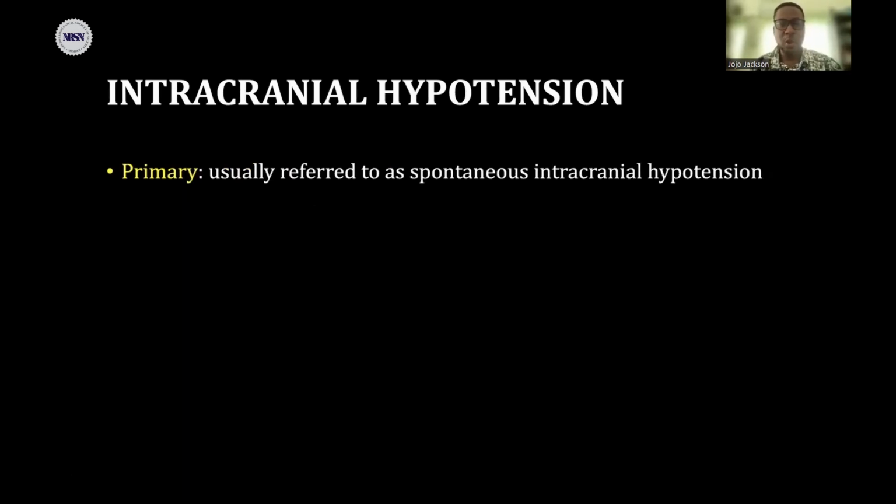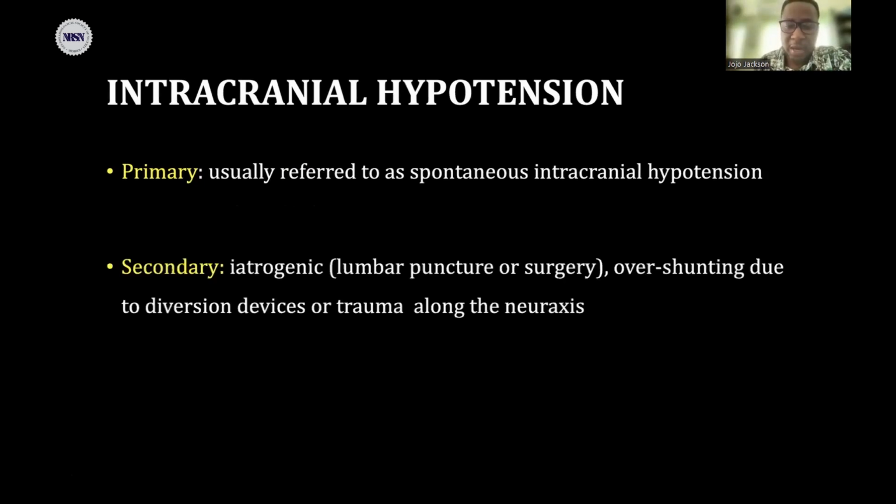It's primary when it is spontaneous. Secondary, when we can ascribe causes to it, such as previous procedures or surgeries, or there's overshunting done by placed devices, or there's a history of trauma.